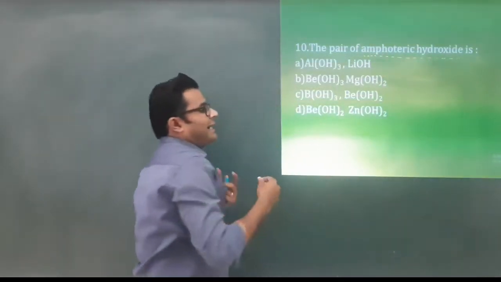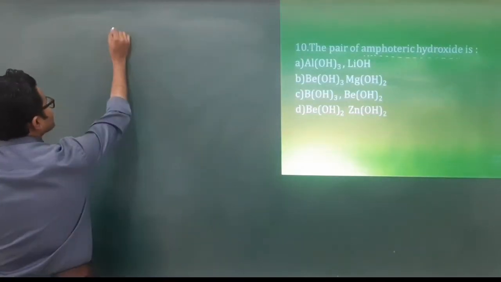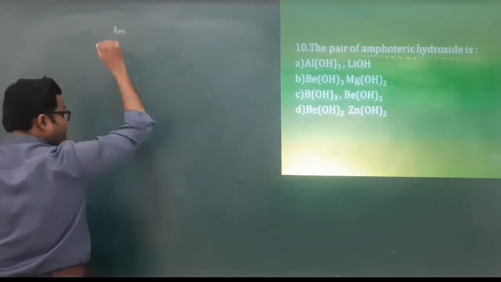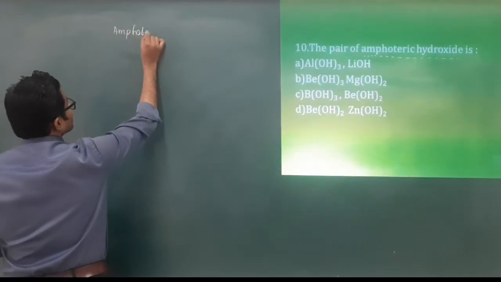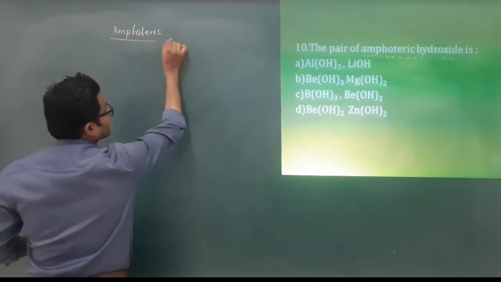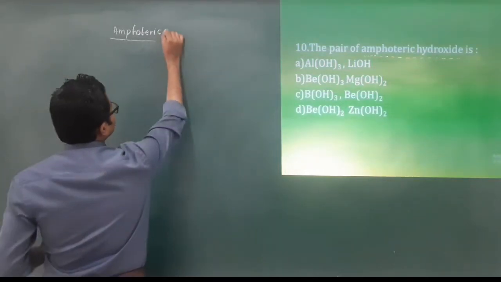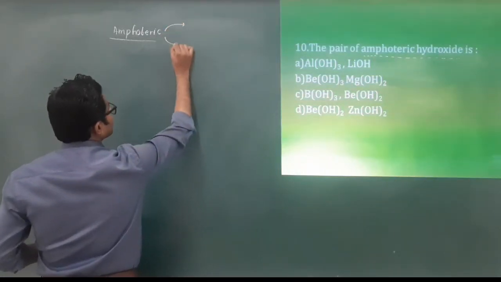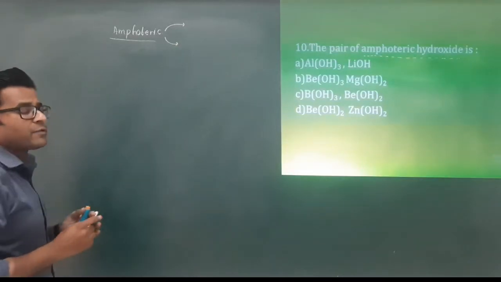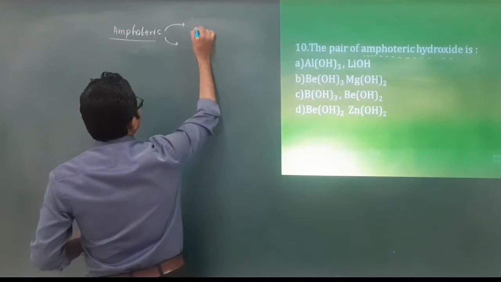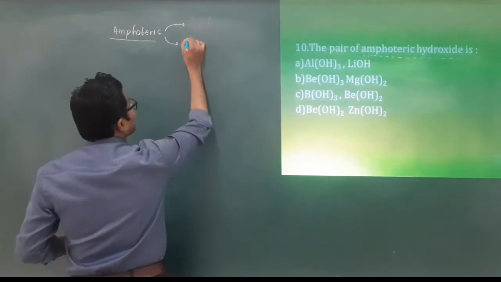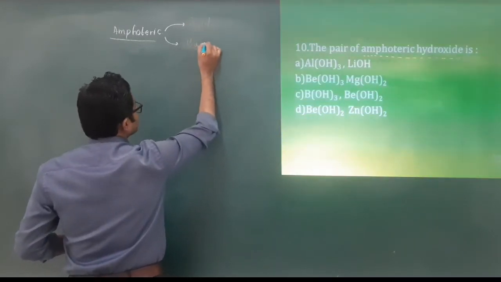So amphoteric hydroxides, or amphoteric oxides, you can also say. Amphoteric ones are substances which have the capacity to react with both. It can react with an acid, and it can also react with a base.